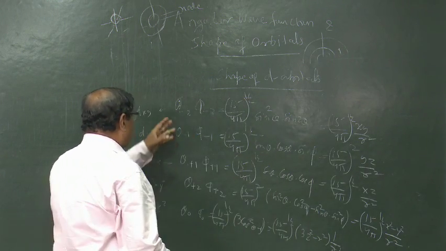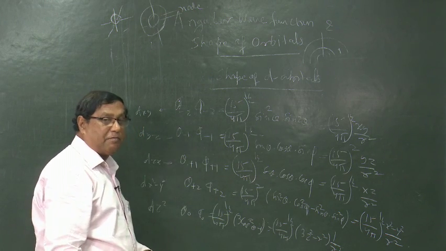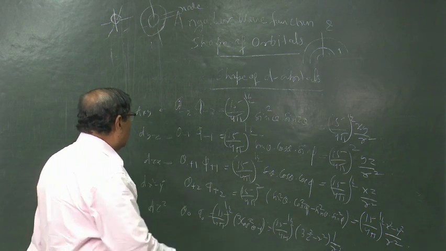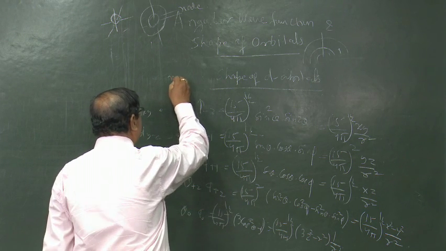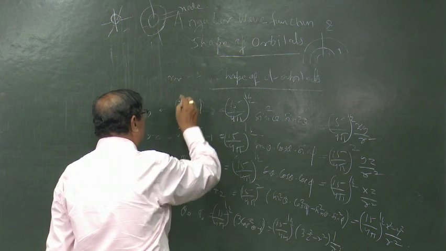Now, these are the angular wave functions for the 5 d orbitals. First, m is equal to minus 2.